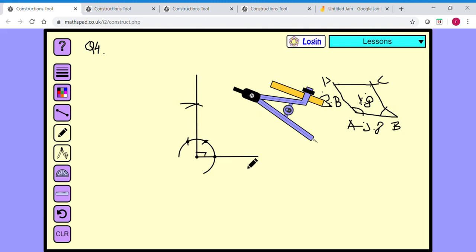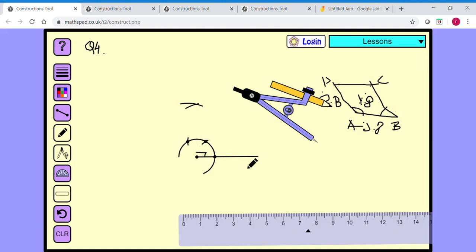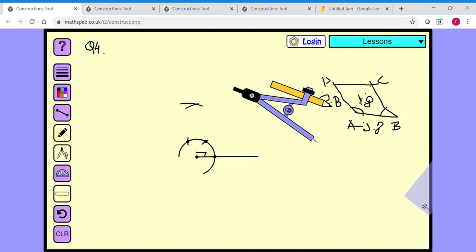I should be using a dotted line, but let me try if I can use a dotted line. It will take much longer, but let's see.